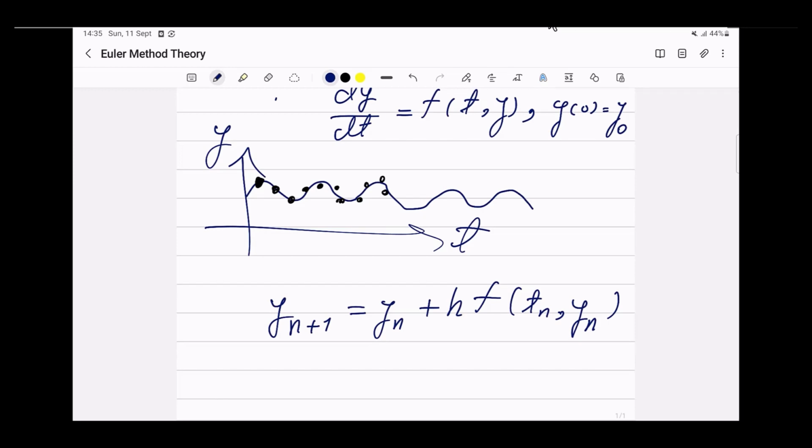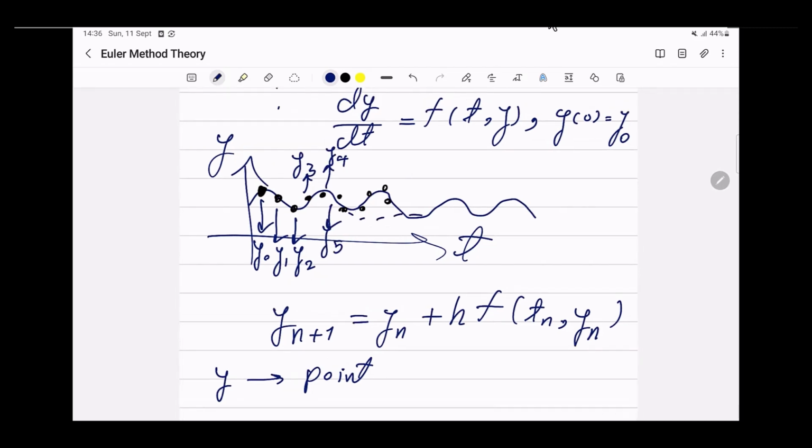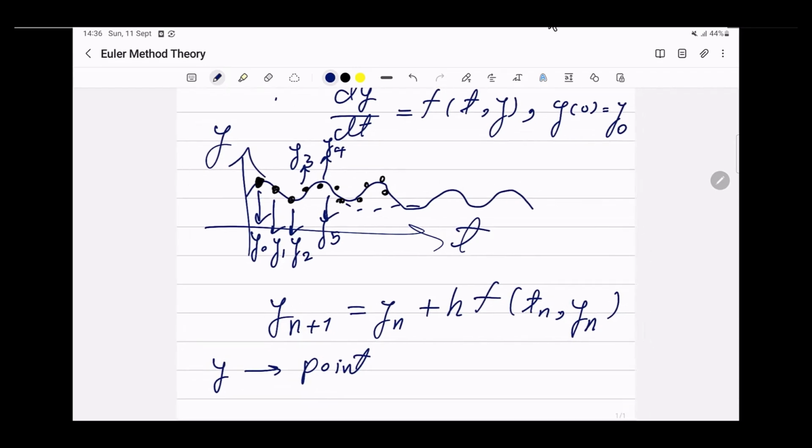So instead of thinking of y as a function, we are thinking of it as a point, as a data point. For example, this would be y0, this would be y1. We're basically indexing those points: y3, y4, y5, and so on. So this is a data point. And what is h? H is basically called the step size. The step size is the difference between two consecutive t's.